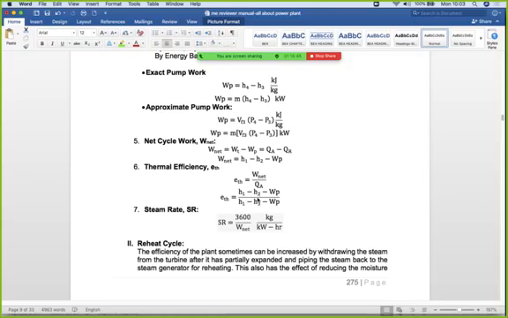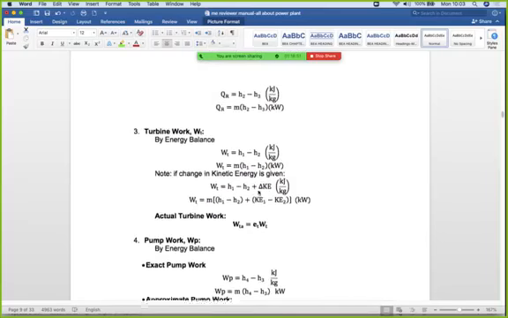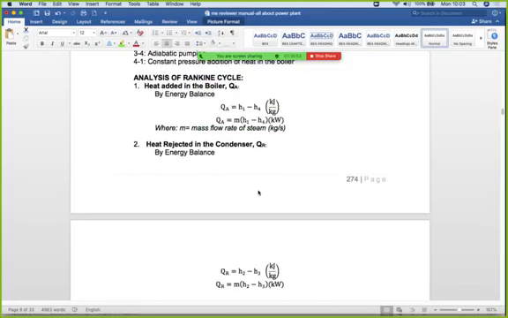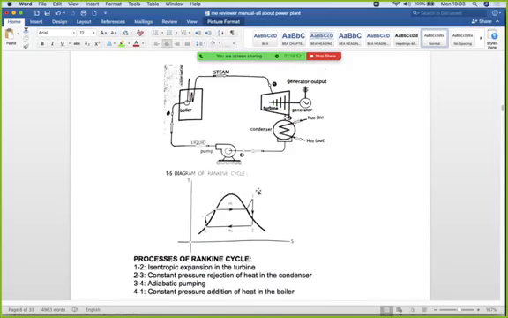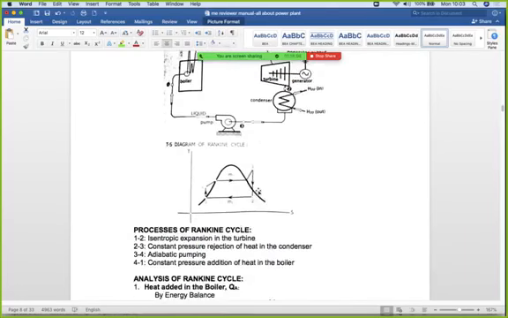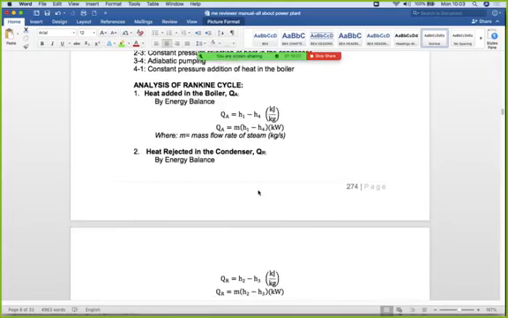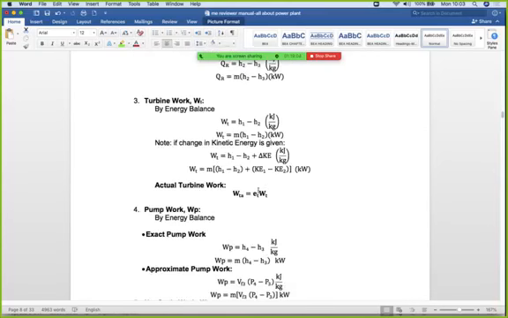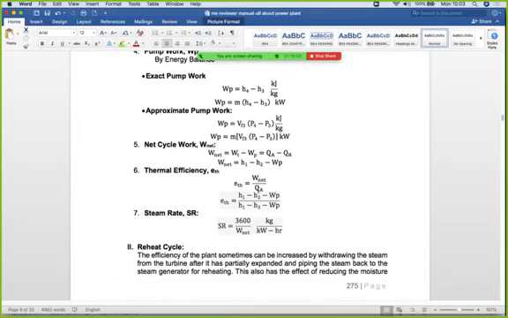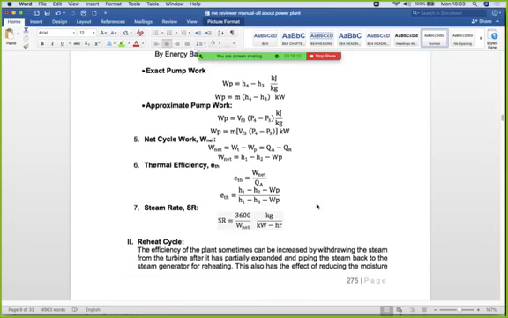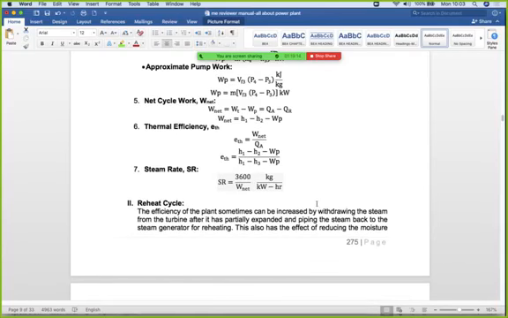Okay. We go now to the reheat cycle. In the beginning, we started off with the Rankine cycle. If you are asked what is the standard cycle used for boiler or steam power, you can answer Rankine cycle.